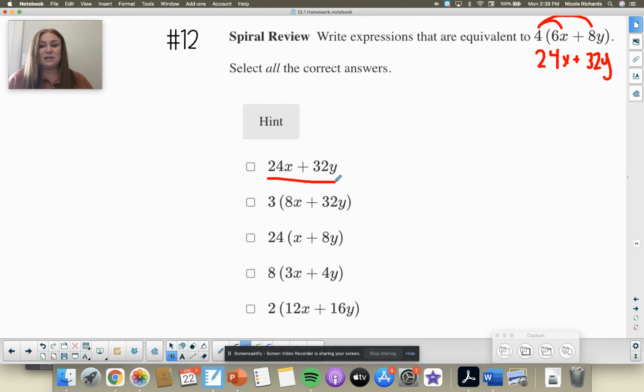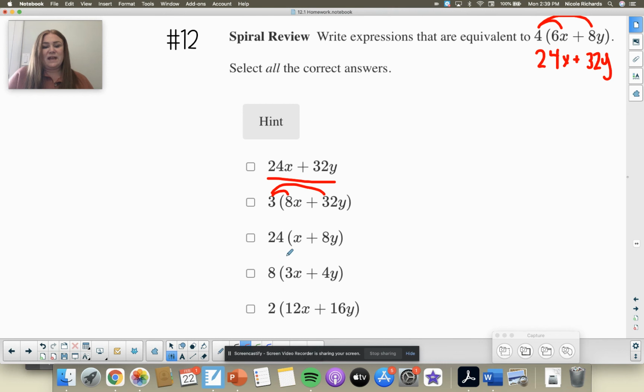That one looks good. So if I do this one, give, give. 3 times 8, and then do 3 times 32. Is that the same amount? Here we have 24 times x, and then 24 times 8. Is that the same?